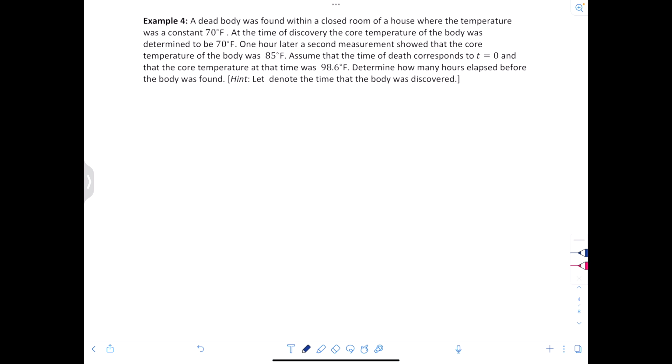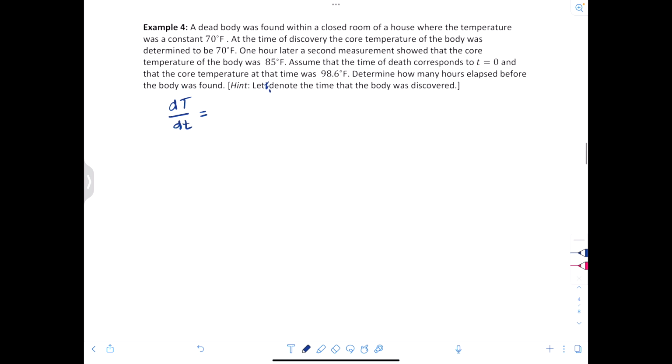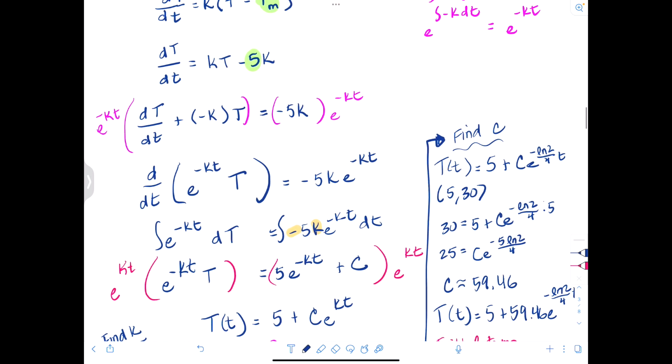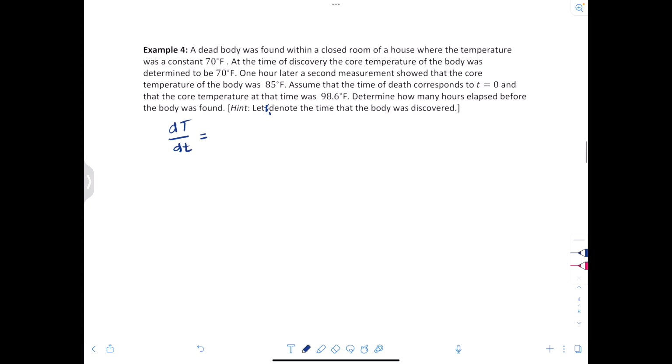So, whoops, sorry, I'm missing: we're going to let t1 denote the time that the body was discovered. So, let's check it out. It's the same formula. It's Newton's law of cooling. So we're still going to use dT/dt is equal to, and remember that formula was k times the varying temperature minus the ambient temperature.